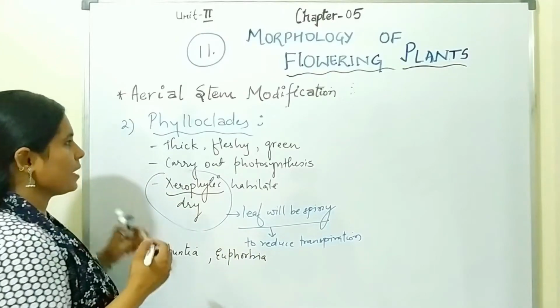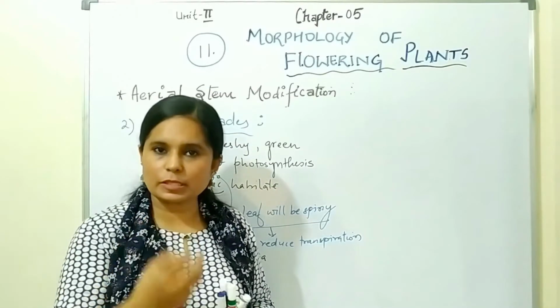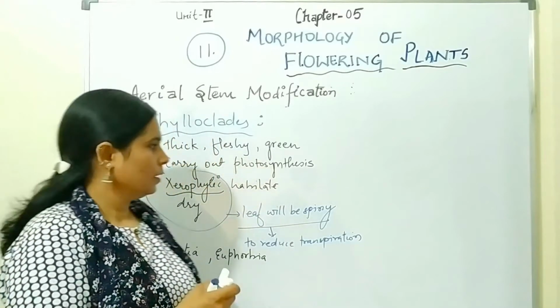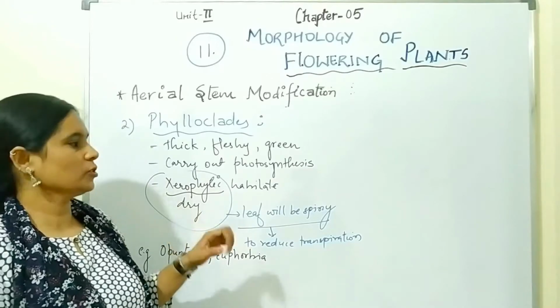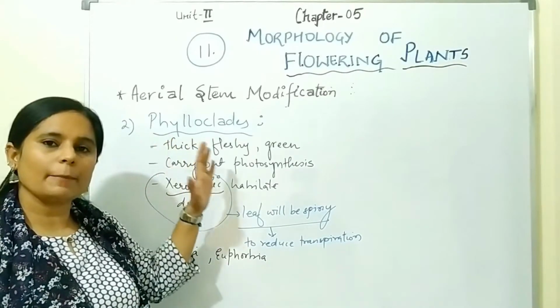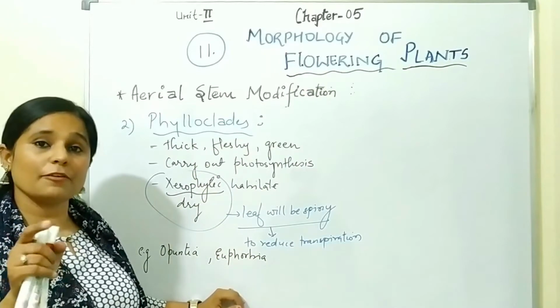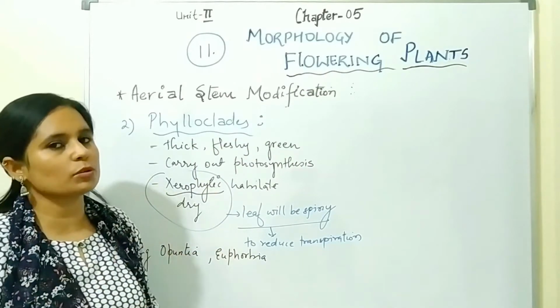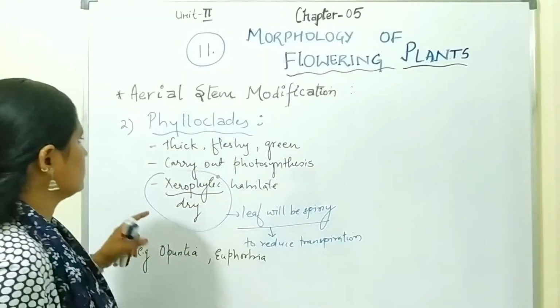There the stem has become fleshy and green for the purpose of photosynthesis, because the leaf is spiny to reduce transpiration. So this is one type of aerial stem modification in xerophytic plants, or plants which grow in dry desert conditions.